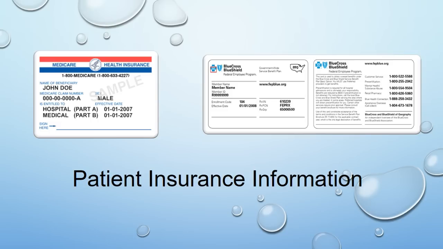Here's a copy of typical patient insurance cards that include very critical information: the insured name, the insurance ID, any group numbers, any contact numbers for the insurance carrier, and any other specific or unique information for the insurance payer. I've shown an example here of a Medicare card.